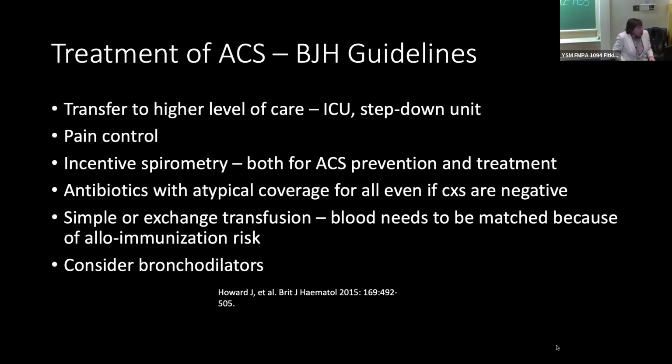We also do a lot of things that are really just supportive care. We use incentive spirometry, both for prevention of acute chest syndrome, and there's some literature to back that up, but also for treatment and prevention of progression, because atelectasis is one of the triggers for this condition.